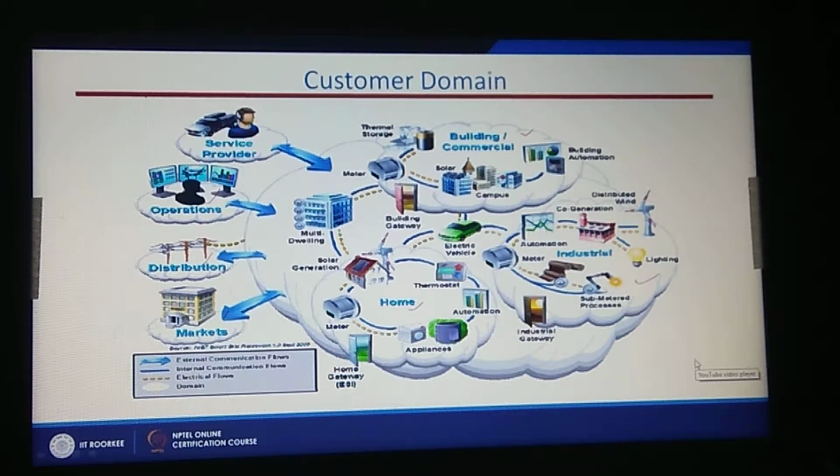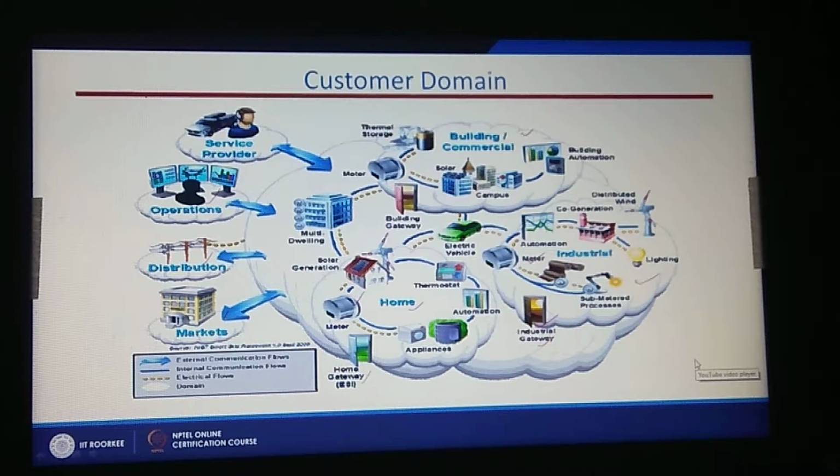What I want to say from this particular figure is that in every customer domain, maybe it is commercial, it may be industrial, or it may be home type of customers, everywhere the common thing is the metering facility, and we have a gateway. You could see here in industry also we have 1 meter, and also we have an industrial gateway. And similarly for home type of customers, we have a home gateway and also the meters.